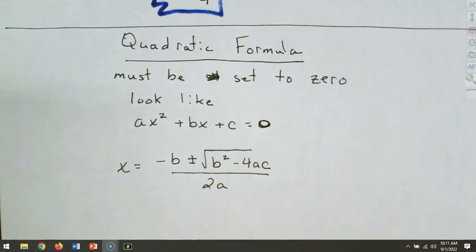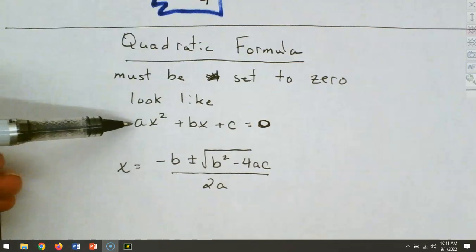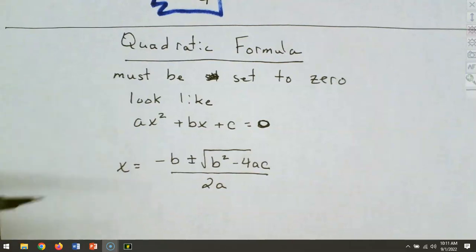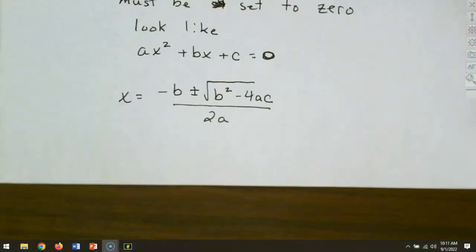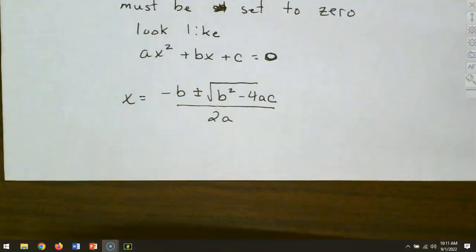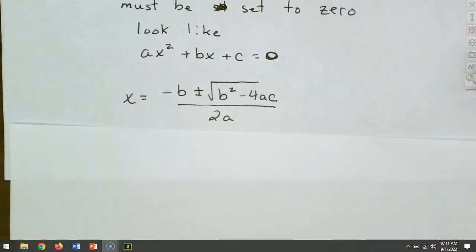So when we start, it needs to look like this, just like it's going into zero factor. So you set it up just like it's going into zero factor, and then this is our quadratic formula. Now we can use this to solve things that will not factor. And we're going to start with one that won't factor.